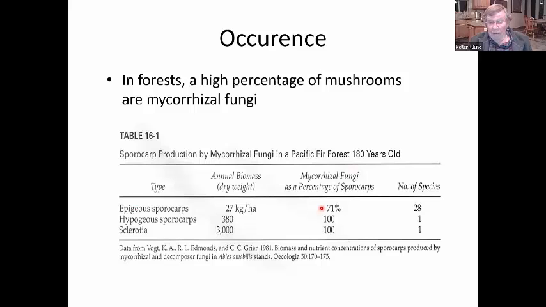So the majority of the mushrooms that were found in this particular forest were mycorrhizal. The one species that was a below-ground fruiting body was also mycorrhizal, so it was 100% in that case. So most of the mushrooms that come up in the forest are going to be from mycorrhizal fungi.